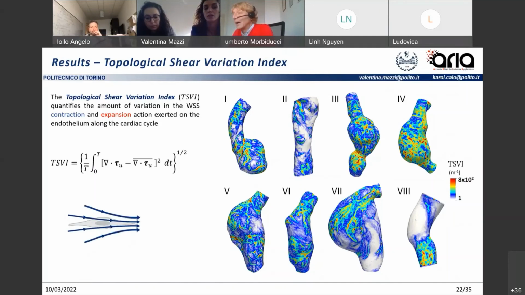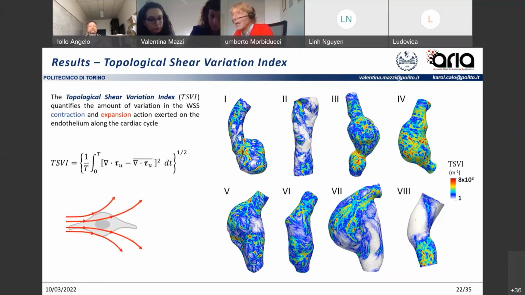But for example, we have some feedback at the moment from simpler geometries, stenotic coronary vessels, and one of these descriptors, the TSVI, we recently demonstrated is a strong predictor of myocardial infarction.